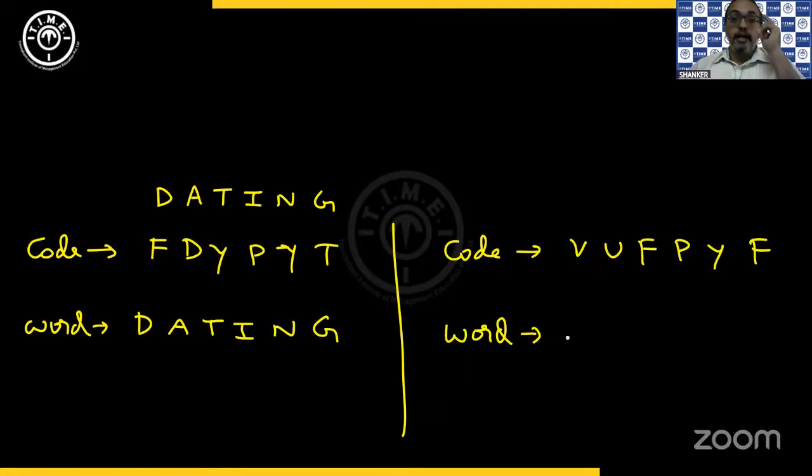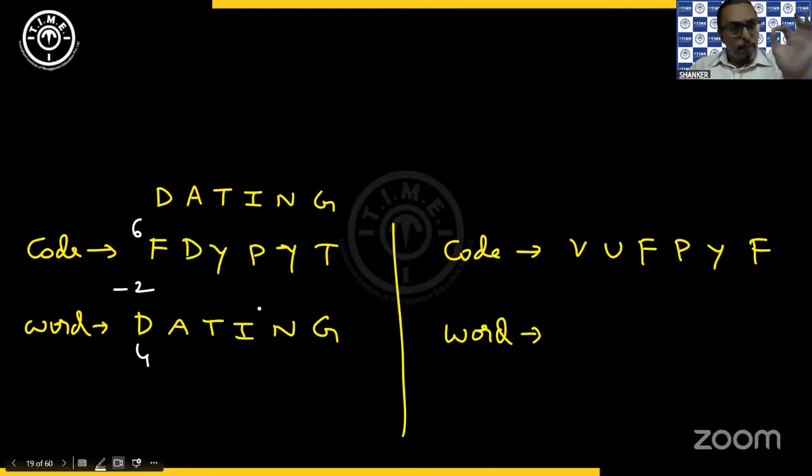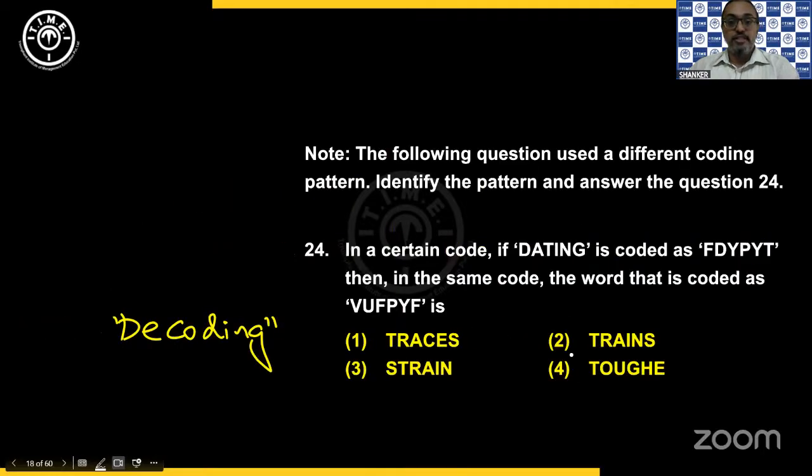In coding and decoding, please always focus on how a question is asked. Then you can find the approach. Now here, what is happening? If I take the place values, this is 6, this is 4, minus 2. So in parallel, this is 22, you do minus 2. So this is 20, that means T. Do I have a word starting with T? Yes.